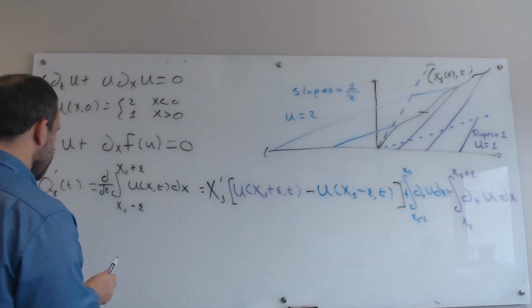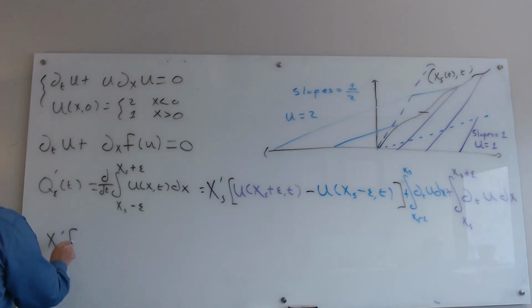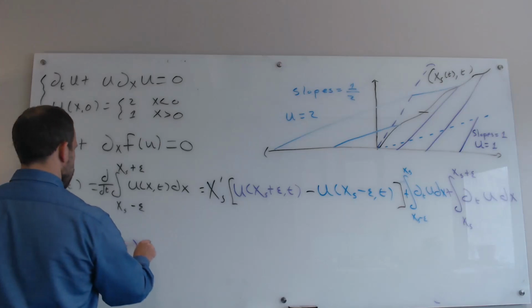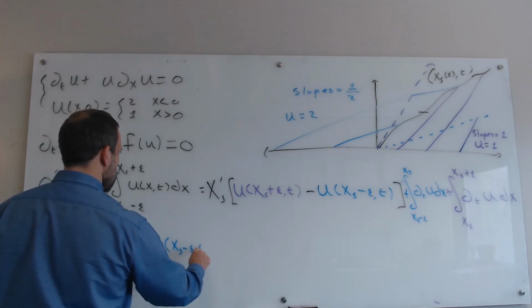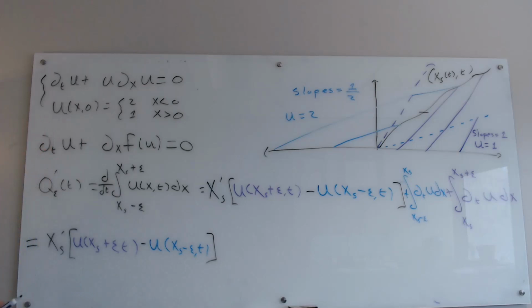So now I'm going to come all the way over here to the left because I'm going to need the room. We're going to have xs prime times u of xs plus epsilon, comma t, minus u of xs minus epsilon, comma t. I'll write the integrals in just a second, but let me tell you what I'm writing here.